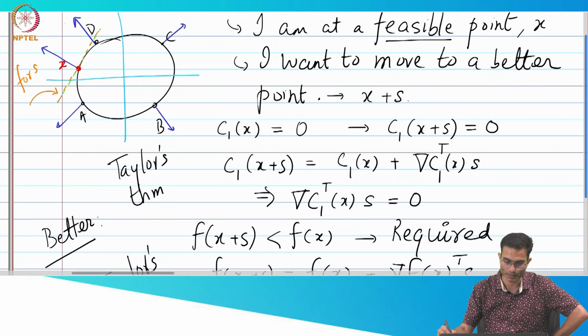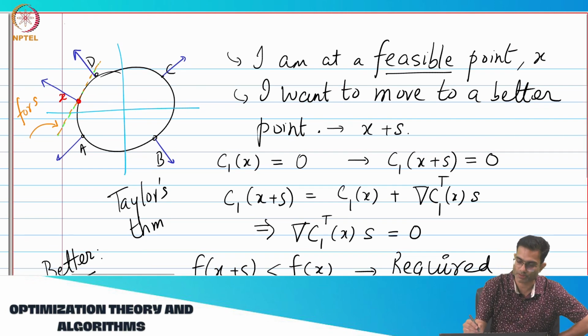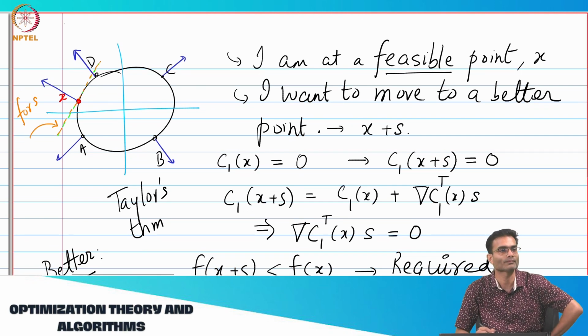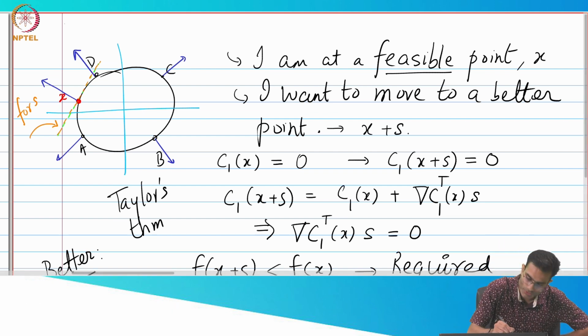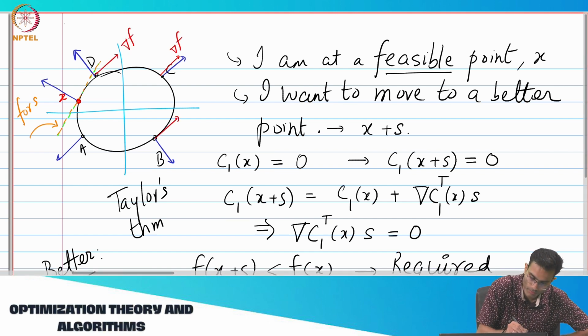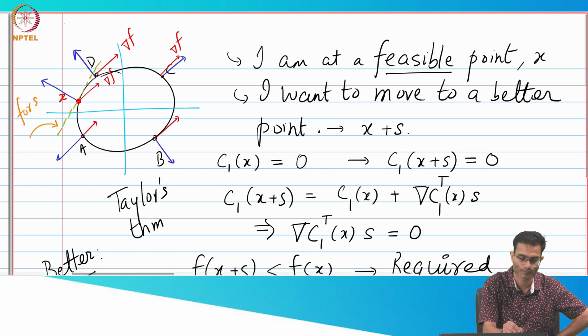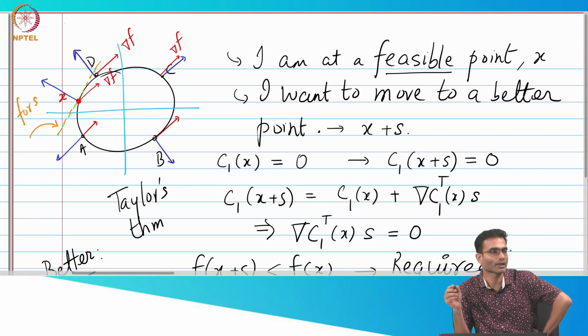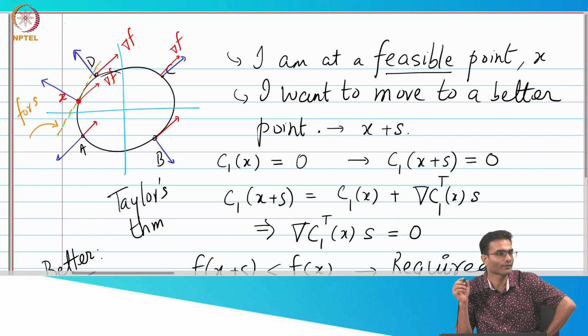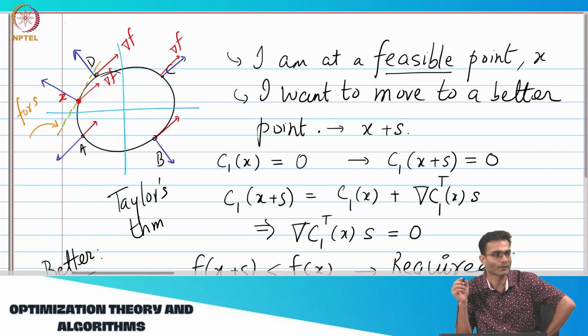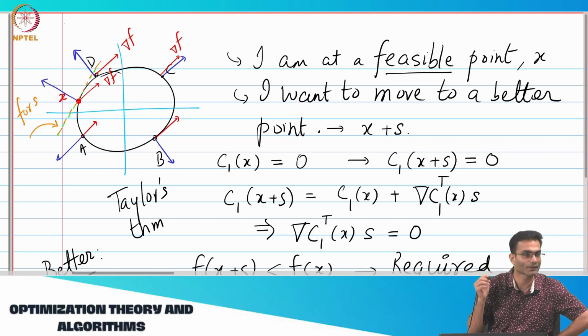Let's go back to our diagram over here. Which way was my grad f? Grad f was always in the same direction, 1, 1, right? So if I use the red color for grad f, and here comes the interesting part, here is my grad f. And what is my condition? Grad f transpose s should be less than 0.